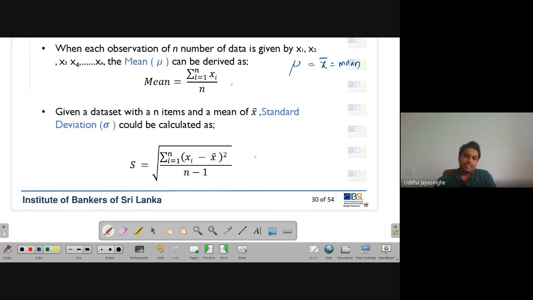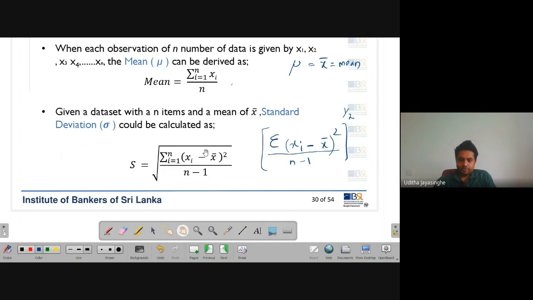So the standard deviation is nothing but the square root of the variance, and the variance part is what you see here. You have the individual x elements minus the mu. You take the square, you add up all these individual values, and then divide that value by n minus 1, and the entire thing to the power half, or the root, is going to be the standard deviation.